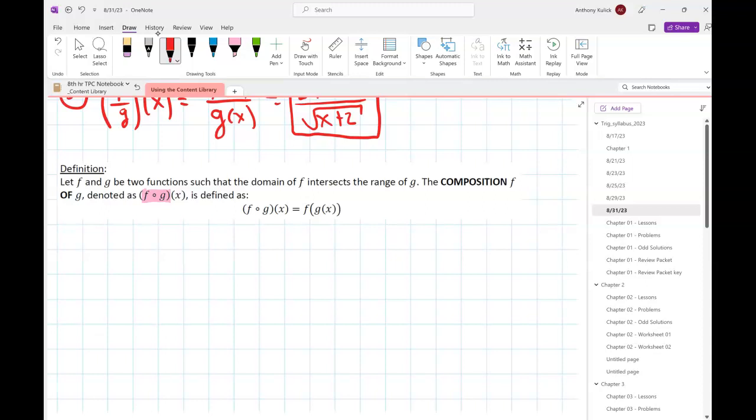If you say fog, the little circle in the middle is not a letter O. That's the symbol for composition. That thing we've highlighted in pink should be read as f compose g. If you say fog, I just want to stab something.